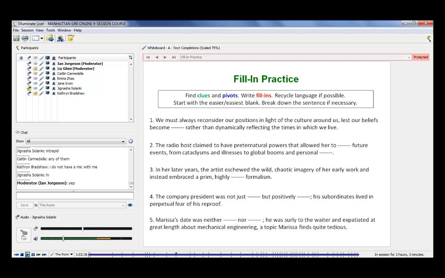Okay, now for the second one, the pivot is that her preternatural powers allowed her to predict future events.